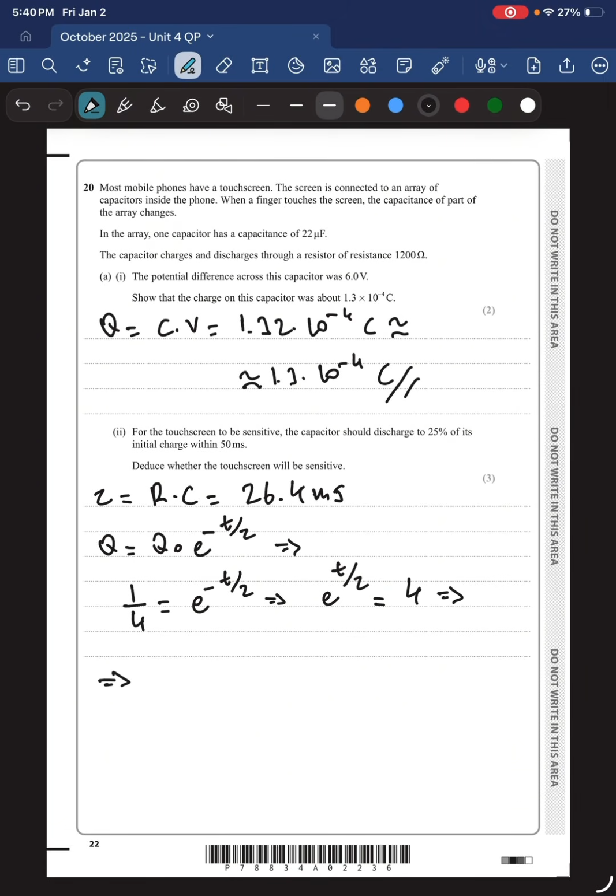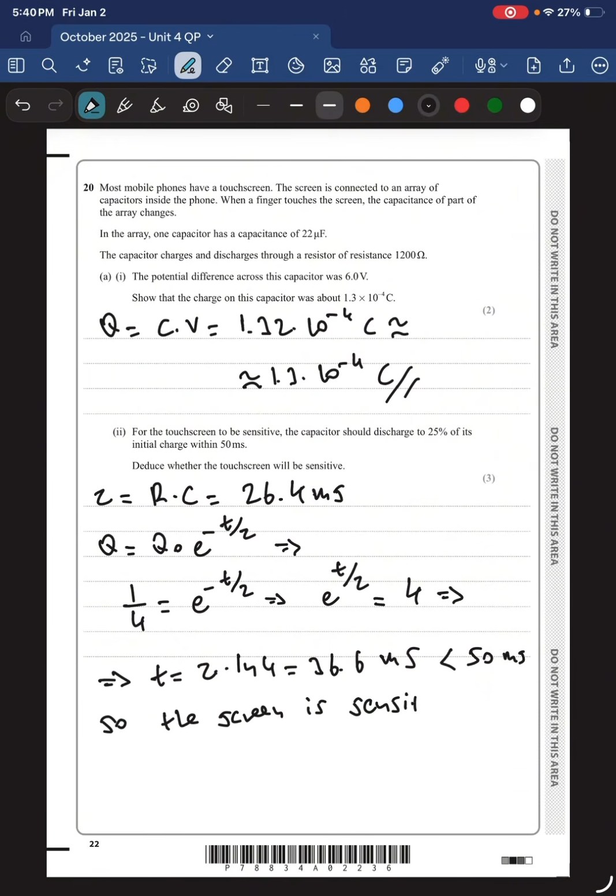If we take the ln on both sides, we find that t is tau times ln of 4, which is 36.6 milliseconds. So 36.6 milliseconds is less than 50 milliseconds, so the screen is sensitive. In other words, within 36.6 milliseconds, 25% of the charge gets discharged when we touch the screen, so that's good.